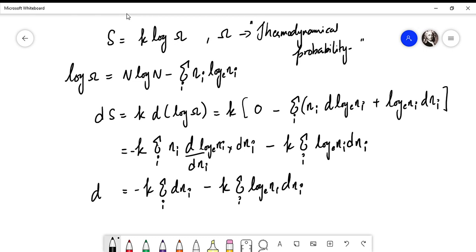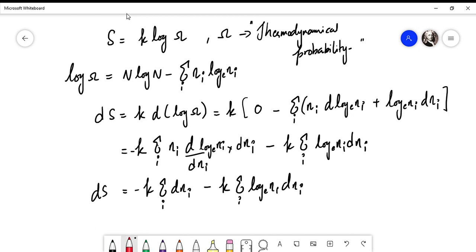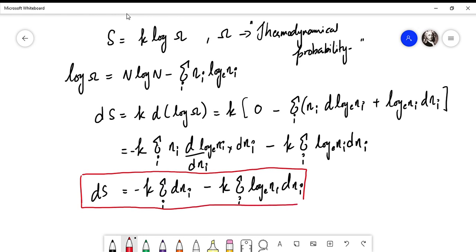So we then have the change in entropy dS for a system where we have considered the entropy to be a function of the thermodynamical probability to be this one.